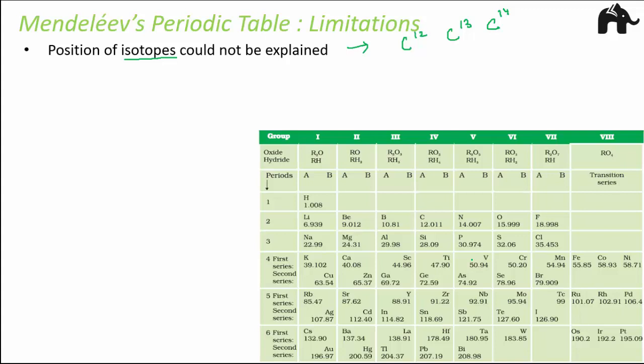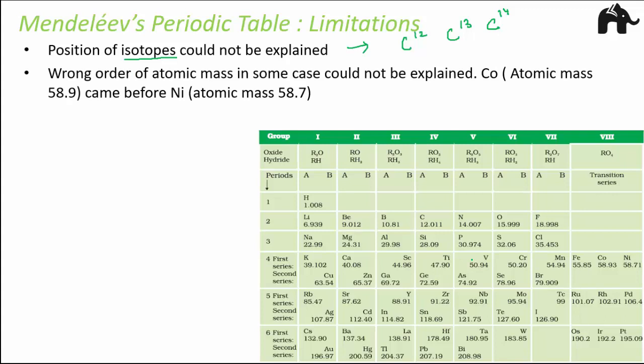But if they occupy different positions, that kind of violates that particular law. So even though isotopes were discovered long after Mendeleev proposed this classification, still the position of isotopes could not be explained.